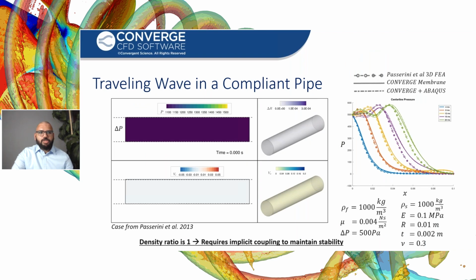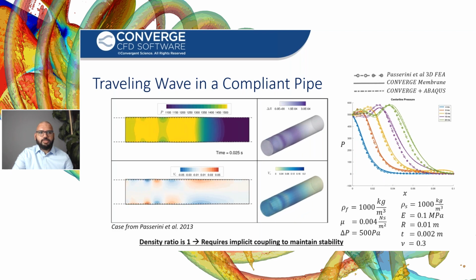And here is an example of this one. This is a traveling wave in a compliant pipe. So you have a pipe which is initially quiescent, then you put in a delta P at the inlet, and then you see how it evolves downstream. So you can see as the pressure wave passes, it causes radial deformations on the membrane, and it reaches the outlet.